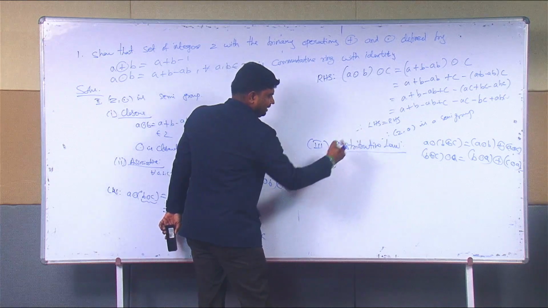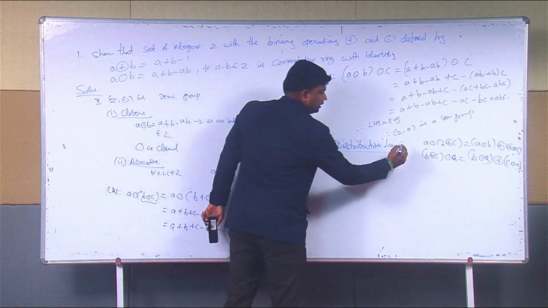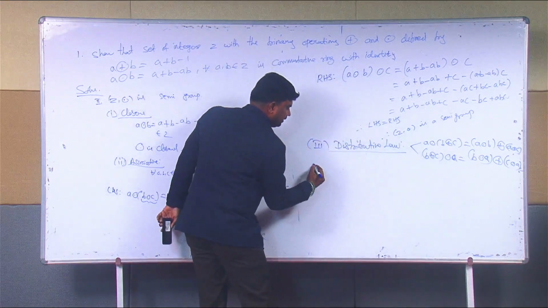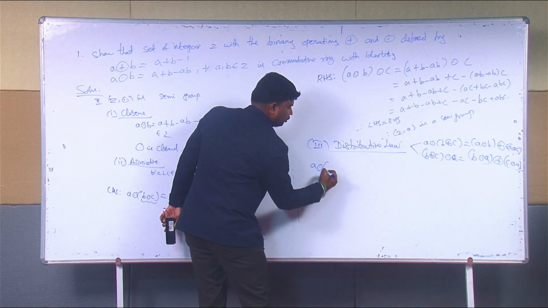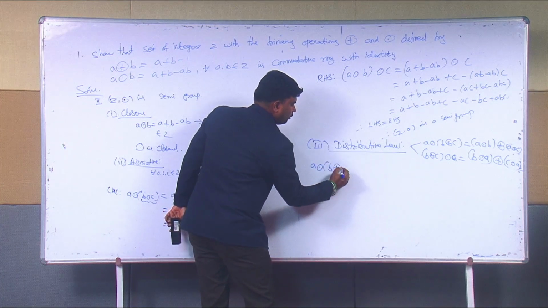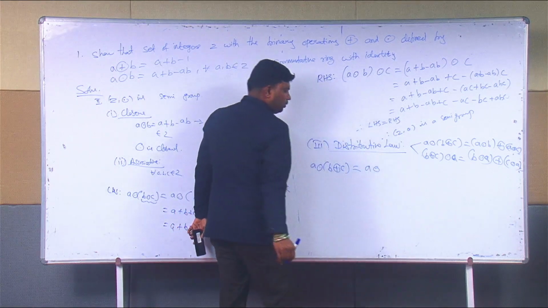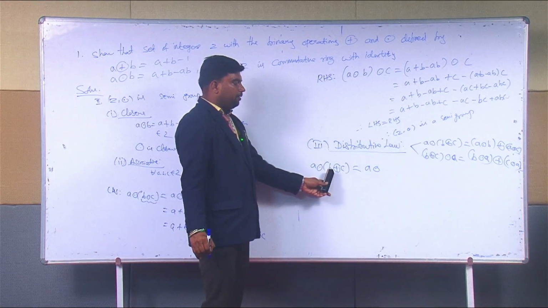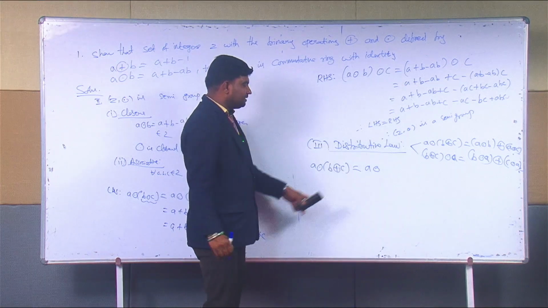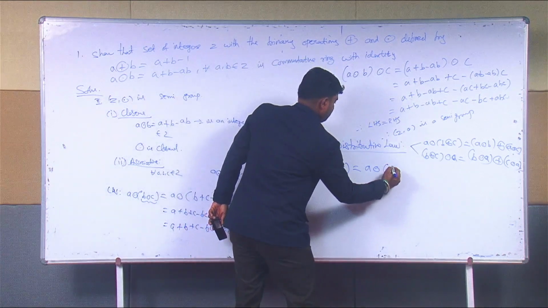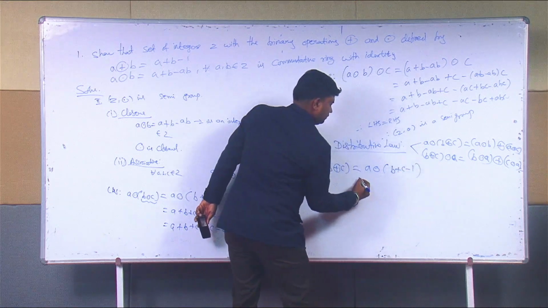The first axiom, take the left side. So I want to verify the two axioms. Take the first axiom, the left side: A multiplication modulo, B addition modulo C, equal to A multiplication modulo, applying the addition modulo condition, B plus C. By the definition given in the problem, B plus C minus 1.